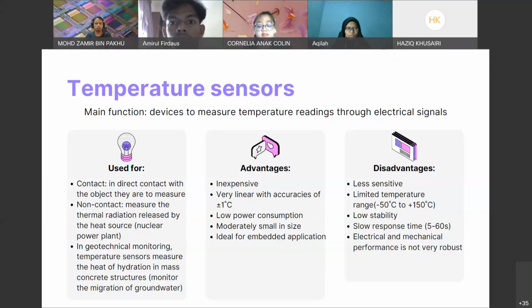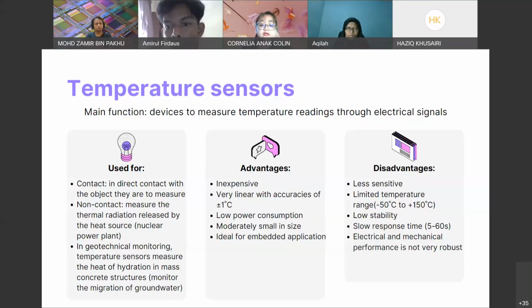There are also cons. It is less sensitive. It has a limited temperature range within negative 50 degrees Celsius to 150 degrees Celsius. This limited range means it cannot withstand high temperatures and is not free from self-heating. It also has low stability, which means low durability, as it can drift over time, depending on the materials of course.